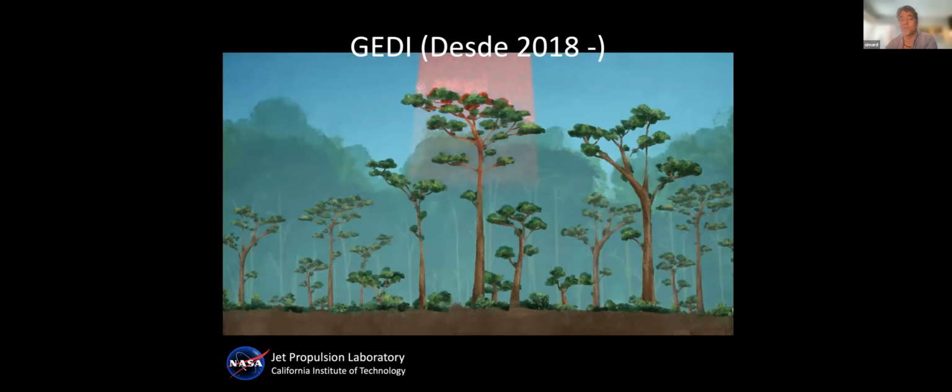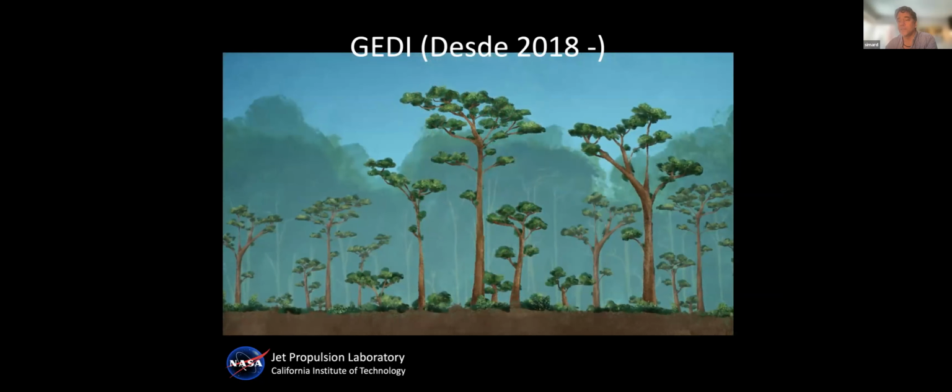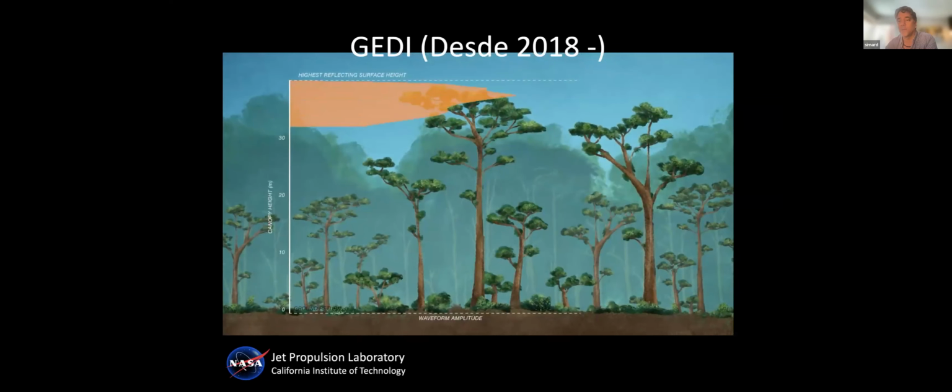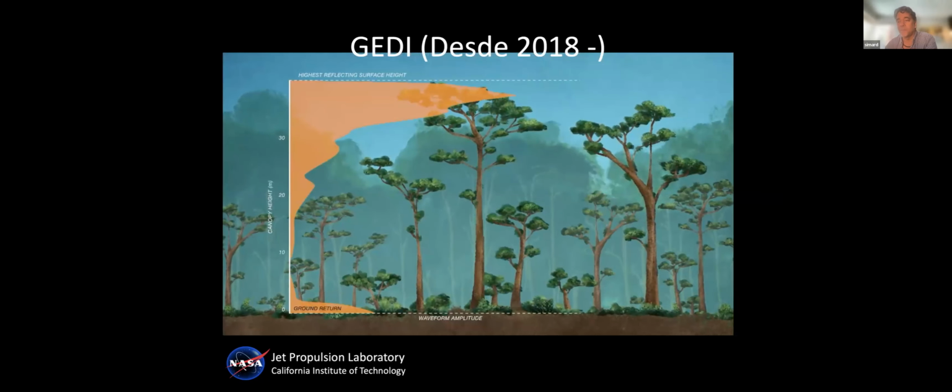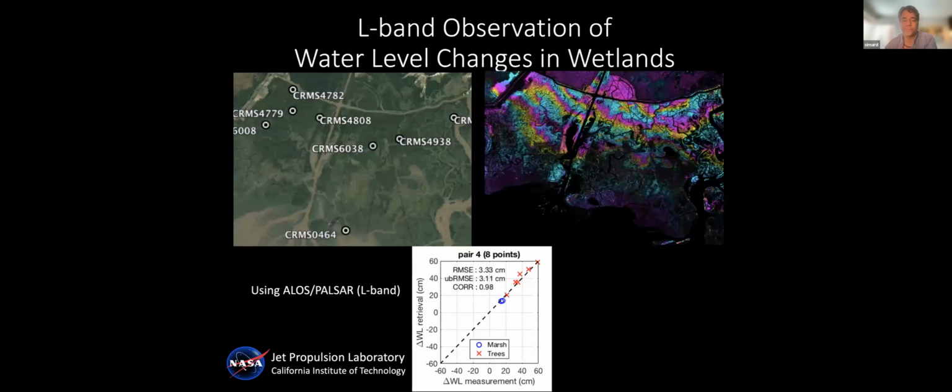This data can also be used in wetlands, in particular in forested wetlands, to determine the structure of either mangroves or willows or different trees, cypress that can grow in the wetlands.